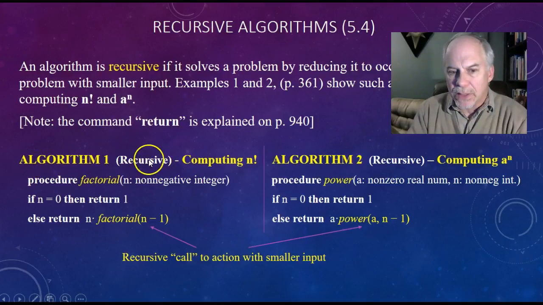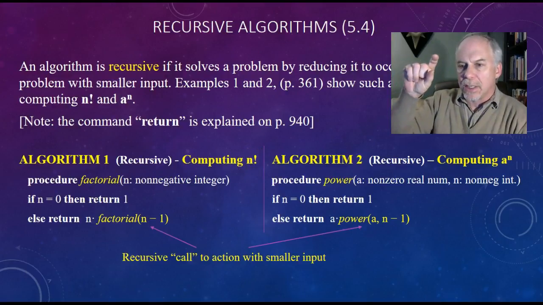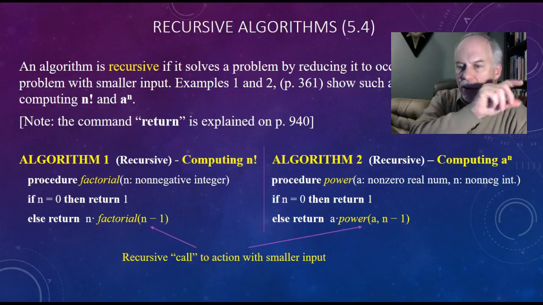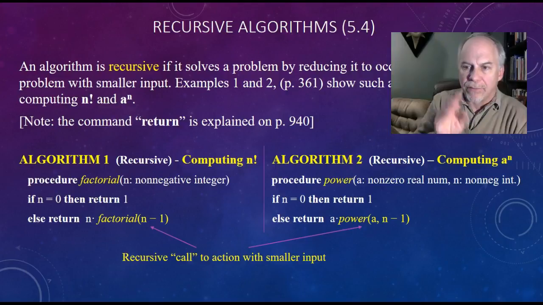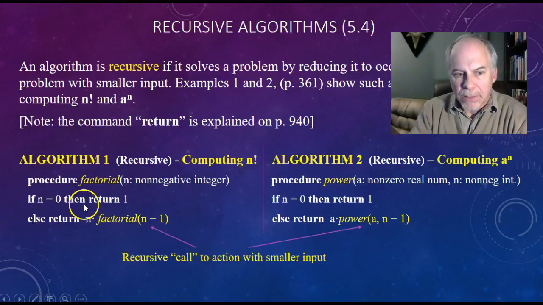Algorithm 1 is a recursive algorithm, and it's for computing n factorial. And n factorial, if you recall, is the number times the next number down times the next number down, all the way down to 1. So like 4 factorial would be 4 times 3 times 2 times 1. Now, the procedure has a name, factorial.